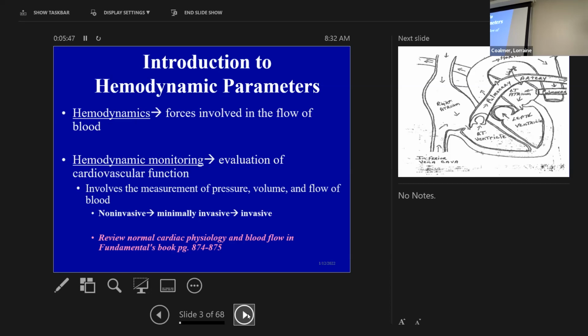And we don't see the Swans as much because it's quite invasive, with lots of complications, but we need to understand the pressures, because when we do the non-invasive, you'll understand what an SVRI is. You have no idea what I just said. So you'll understand that. So I've got to teach you the Swan, even though you might not see it that much. Everybody got that? There's a purpose to why I'm teaching you the Swan.